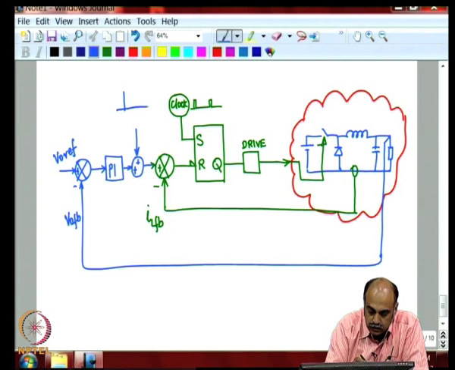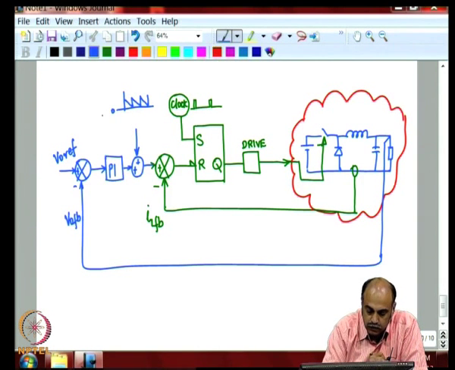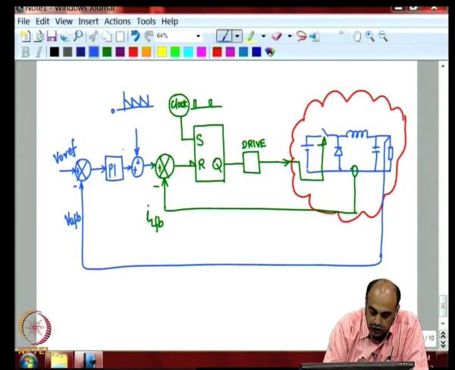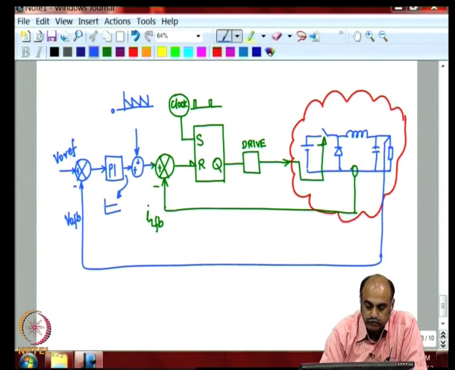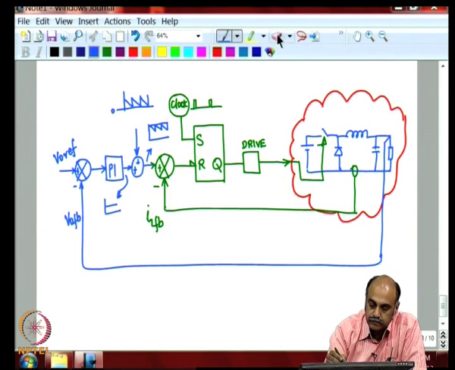So, to this let us add an inverted sawtooth, and this is a DC, and here you will have a DC plus that inverted sawtooth, which actually goes like this, which is level translated.